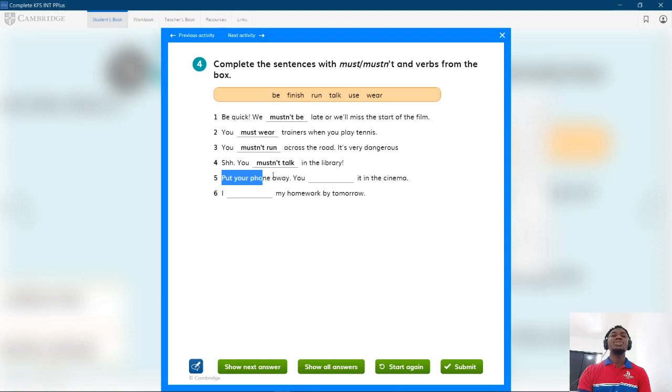Five: Put your phone away. You mustn't use it in the cinema. So it is prohibited to use a phone in the cinema. And six: I must finish my homework by tomorrow.